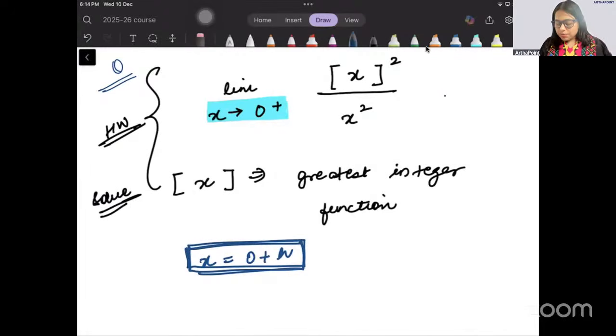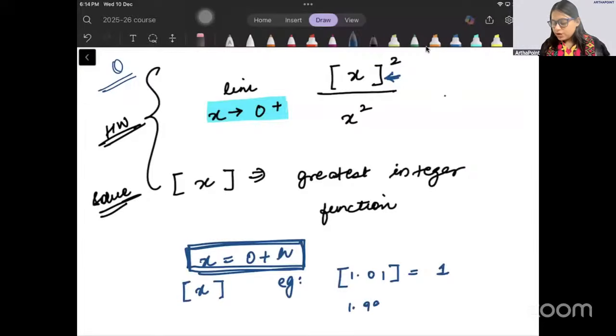Now, whenever a number is more than something, when we find its greatest integer, for example, if I want to find greatest integer of 1.01, it will be 1. If I have to find the greatest integer of 1.99, it will be 1. So as long as it does not touch 2, the answer will be 1.